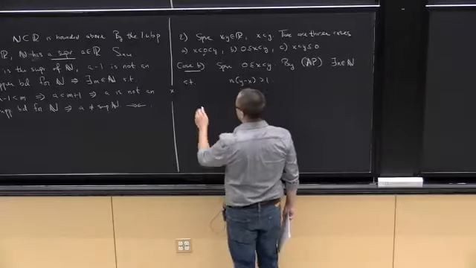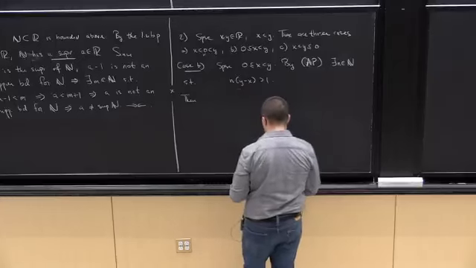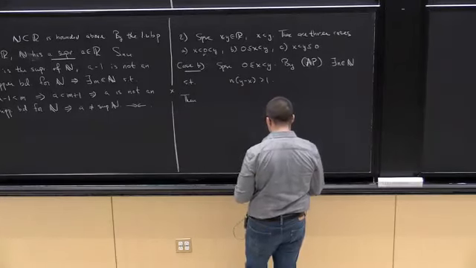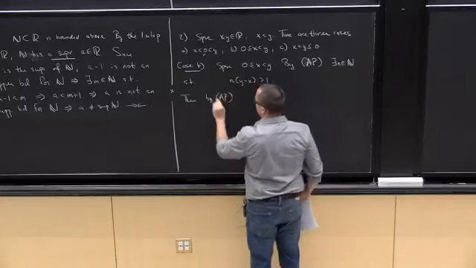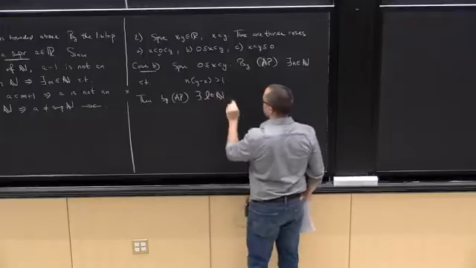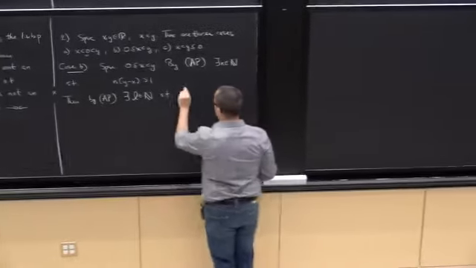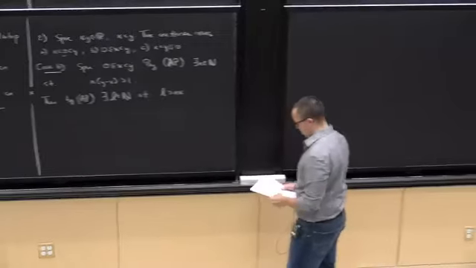Okay. Now, we're going to use the Archimedean property again. There exists a natural number L such that L is bigger than n times x.